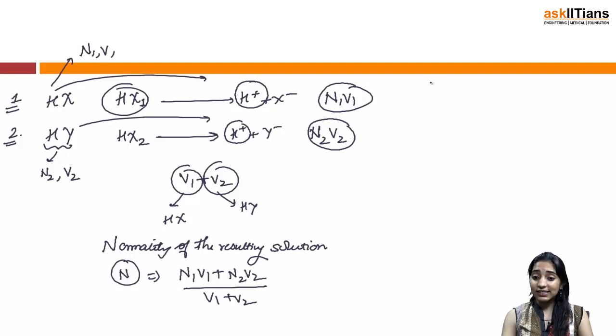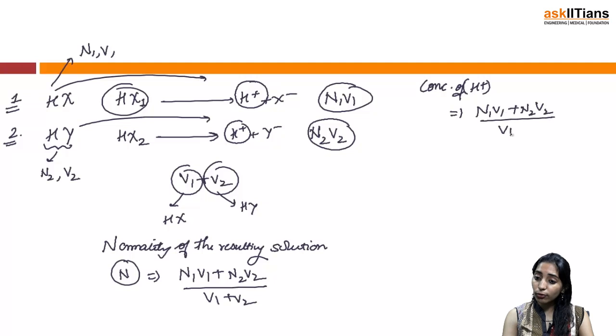That means the concentration of H positive in my new solution will be N1 V1 plus N2 V2 by V1 plus V2. Taking this into account, the pH of the solution will be minus log of the new concentration of H positive.